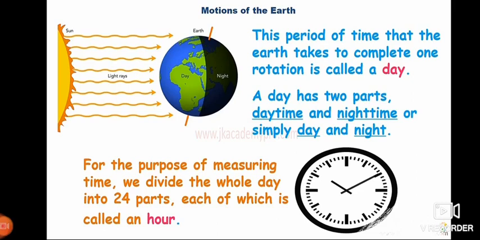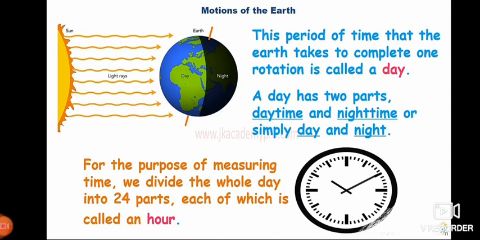So did you understand, students, what is sunset and sunrise? In this activity we have studied when it is sunset and sunrise. It's a very easy concept. When the sun comes out, it is called sunrise, and when it is going down, it is called sunset.